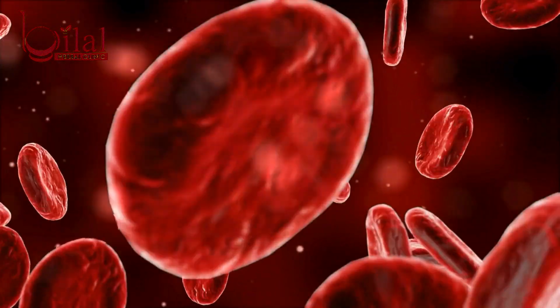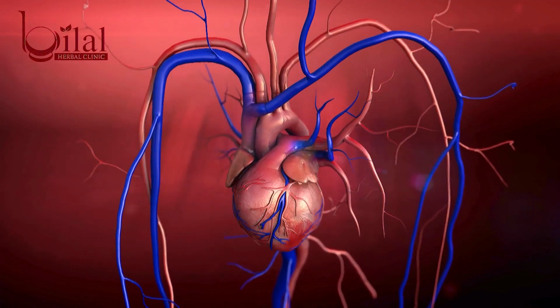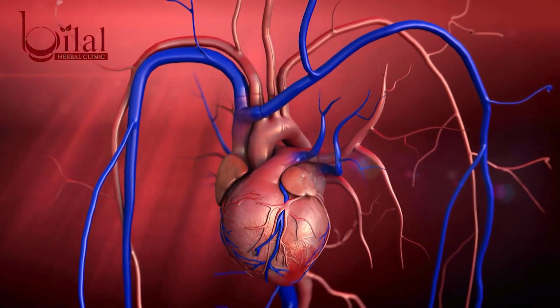The first part is fluid, which is blood. The second part is the system of blood vessels through which this blood travels throughout our body. And the third part is the heart, which is the pump providing the force for this blood to circulate throughout the body. One by one we will discuss all of these three parts.